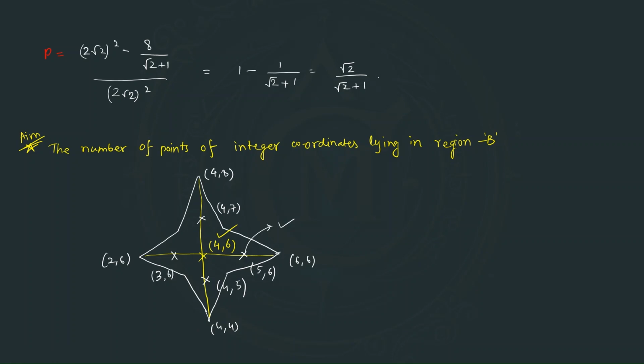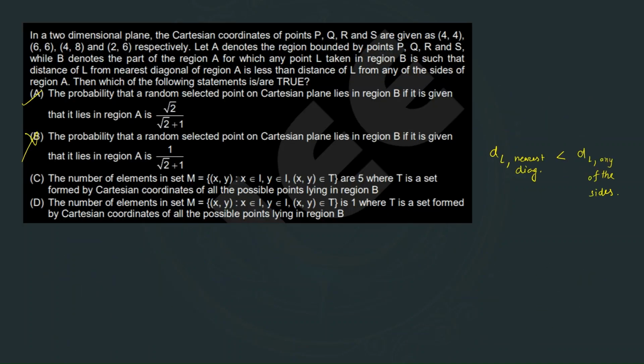So we can get total 5 points in this region B whose coordinates are perfect integers. So there are 5 points. The number of elements in set M are 5 where T is a set. Okay. So we can say clearly this option C will be correct and option D will be wrong.